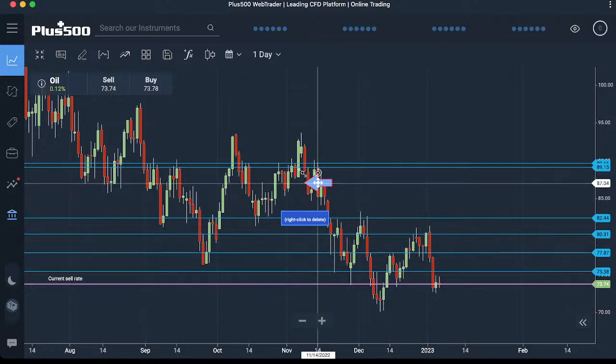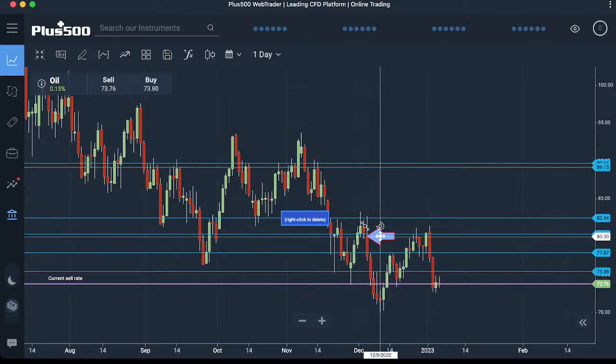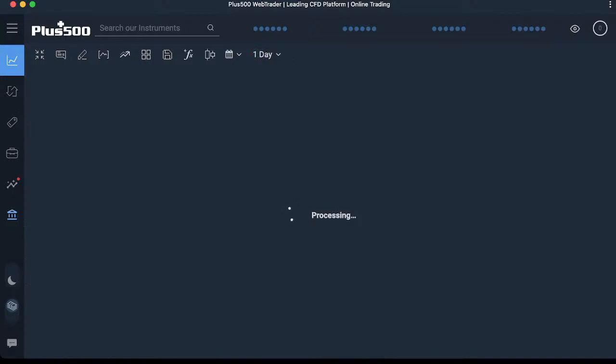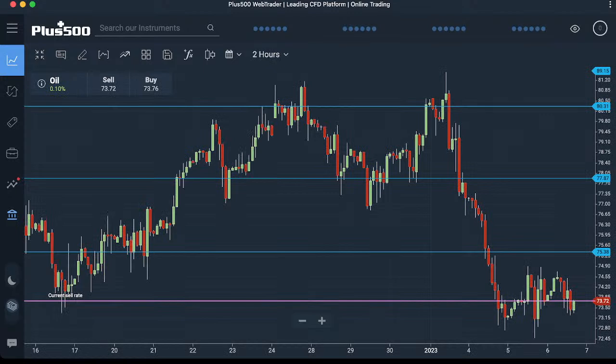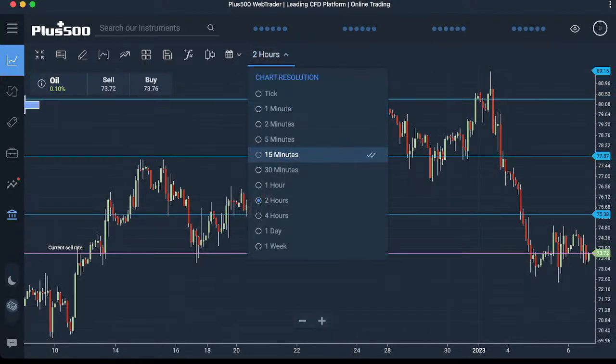So for better understanding, let me go to the 1 hour chart. Here you can see the 1 hour or H1 chart, this is 2 hours. Let me move to the 1 hour chart.